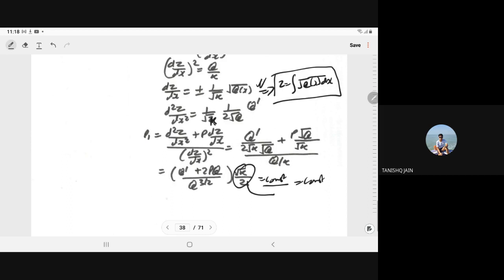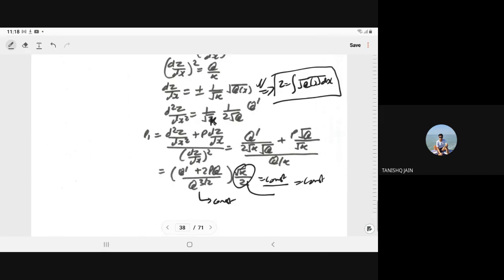If with this substitution you are getting this as a constant, then only you can apply this approach. It is not necessary that you always have this type of substitution. For some questions only you have this type of substitution, not for all.